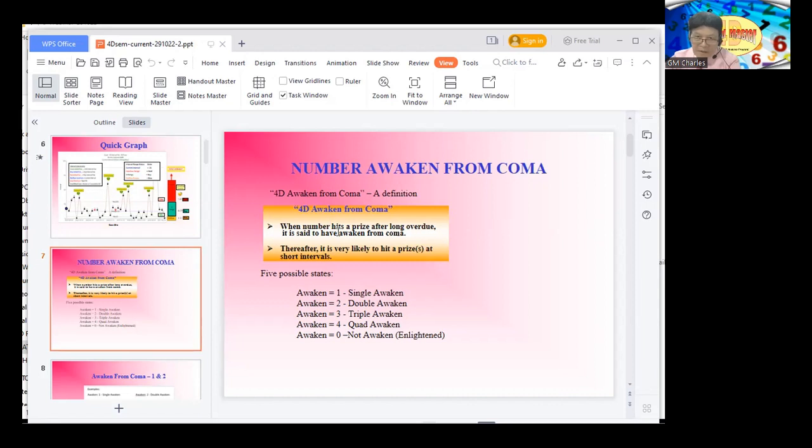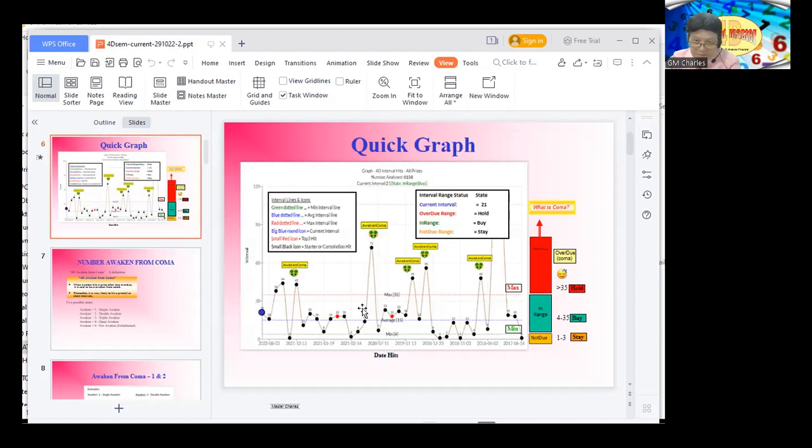Okay, and what I mean by this, let me show you this chart again. You see, let's say this number, there are comas at various points of time for this particular number. Let's say at this point this is a 72 draw, then it hits. Once it hits down here, it is considered awakened already, after it goes into overdue.